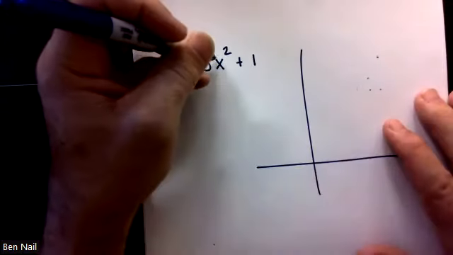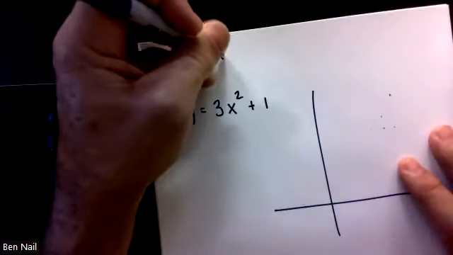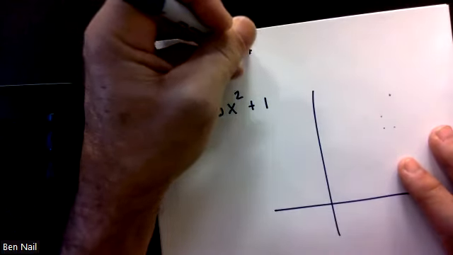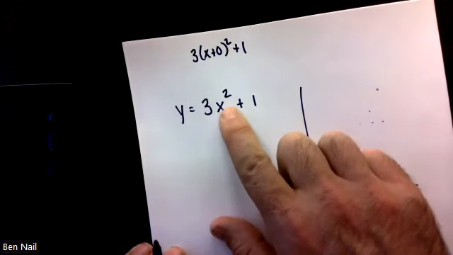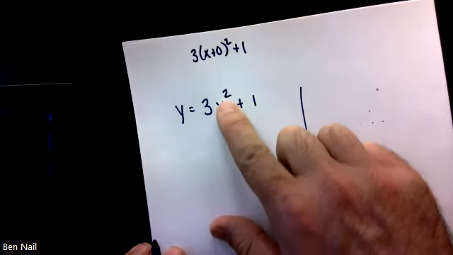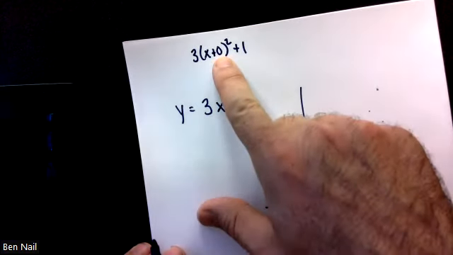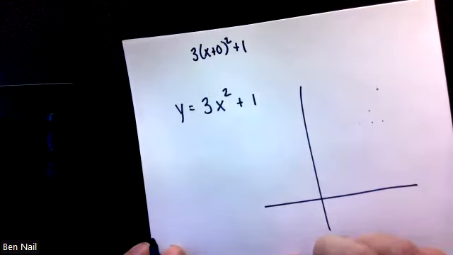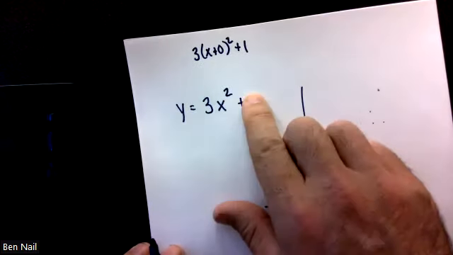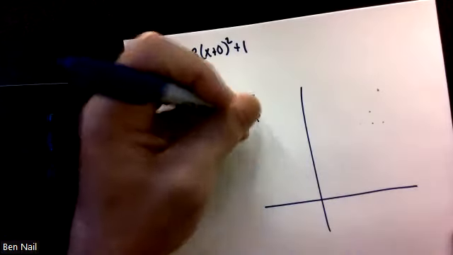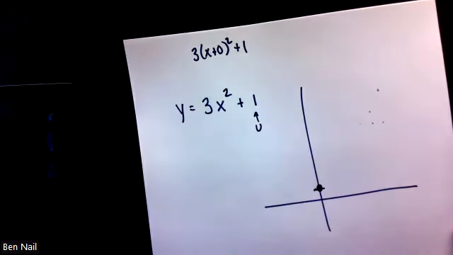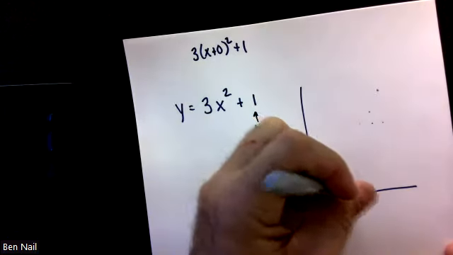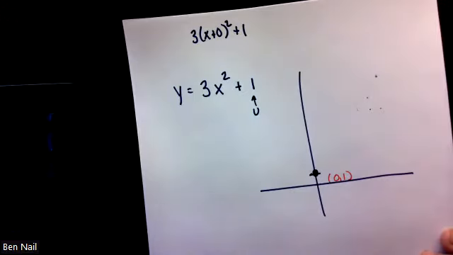So that's kind of like saying, okay, x plus 0 squared. If you don't see a number being added before the squared, then there's no shift left or right. This +1 is outside of the squared, so this shifts my graph up 1. So that's going to be my new vertex at 0, 1.